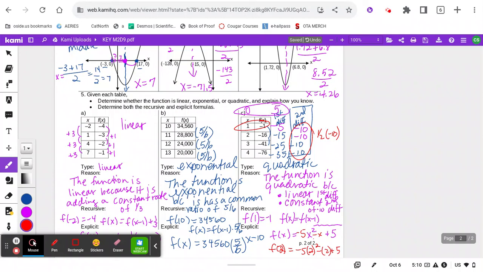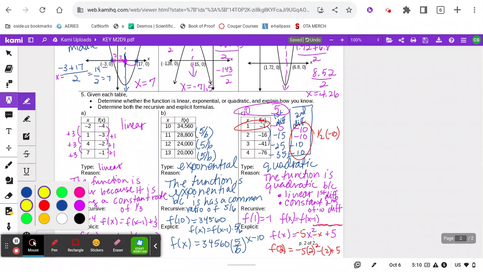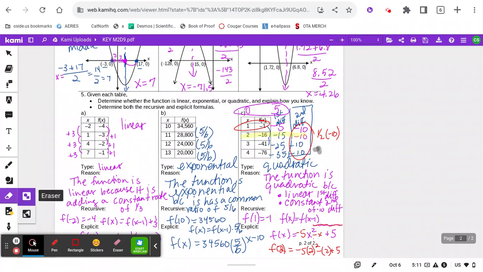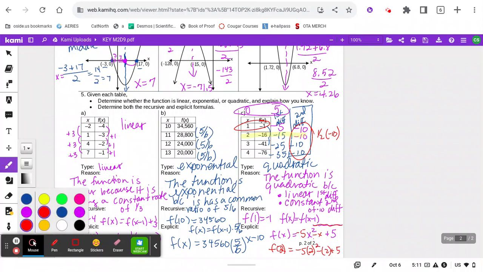Okay, back to the recursive piece. This guy right here. Do you remember how to get it? Pick a row, any row. I don't care. Any of these rows. Begins with negative 15. I'm going right here, guys. Minusing 10 to the x minus 2.